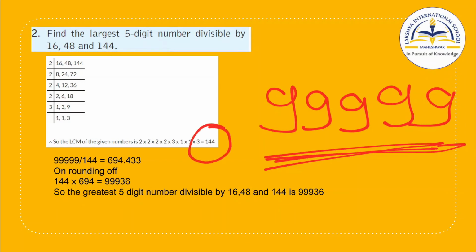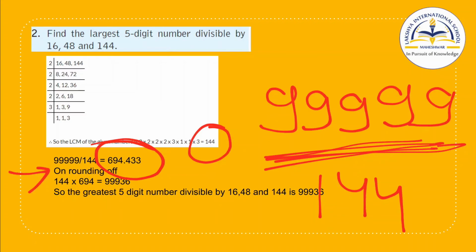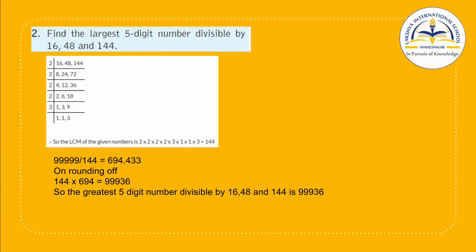So we divide this number by 144, then we will get 694.433. Then we round off 694.433, we will get 694. So 144 into 694, when we multiply, we get our answer, that is 99936.